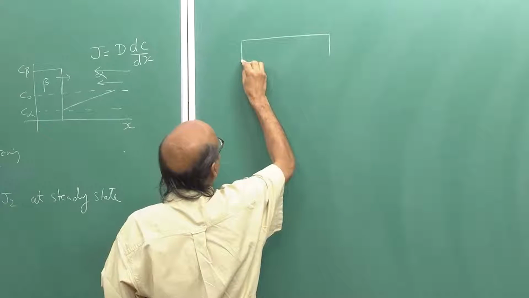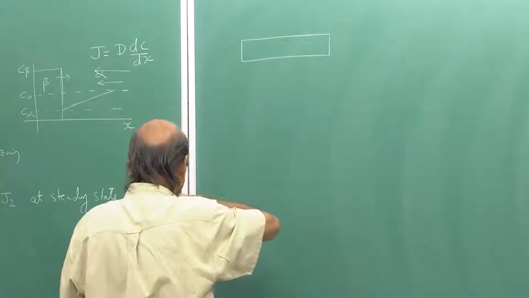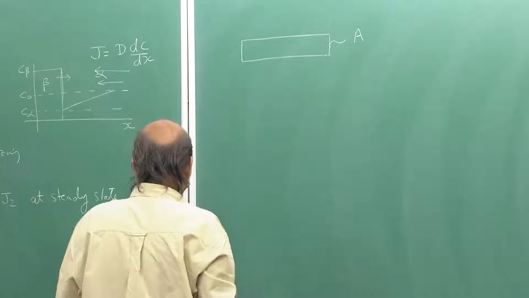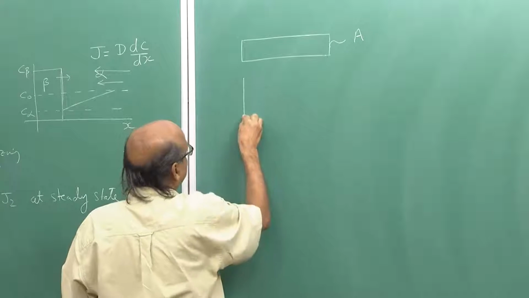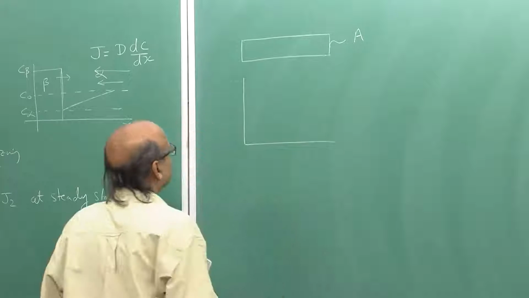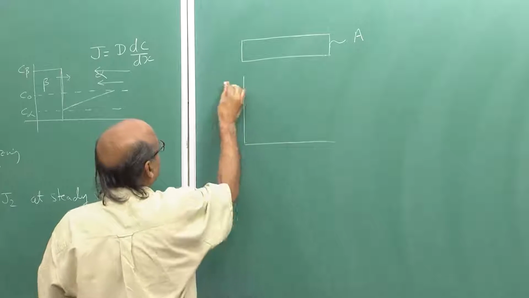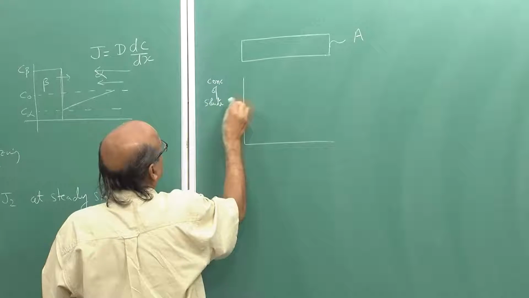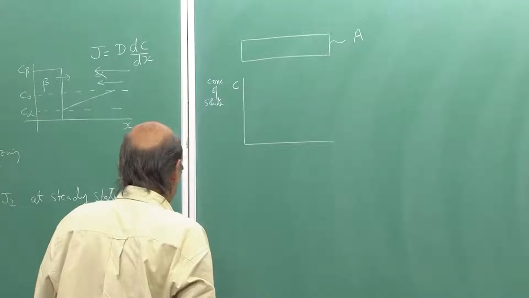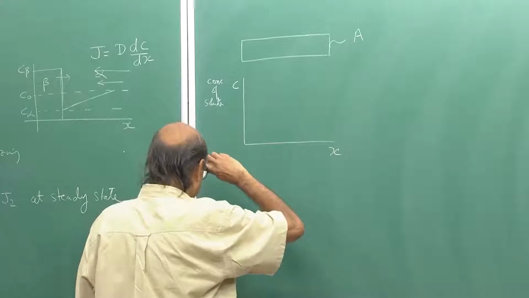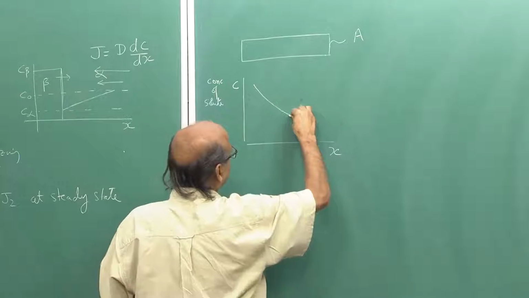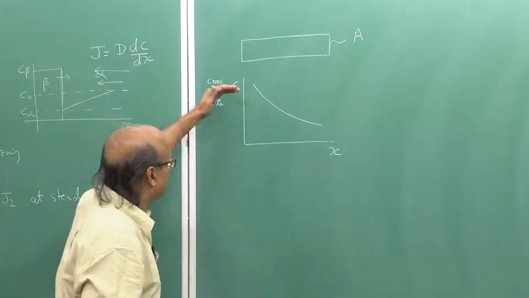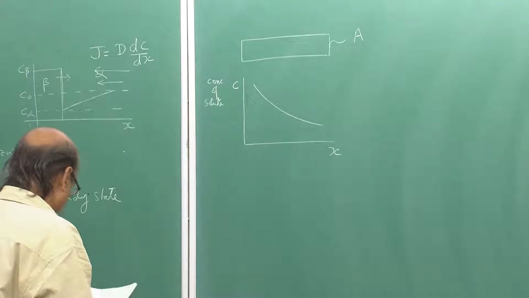A rod whose area of cross section is A, and if I look at the concentration profile of the solute atoms in this rod, concentration of solute given by C as a function of distance, this profile is no longer a straight line as we had been taking, but a curve.